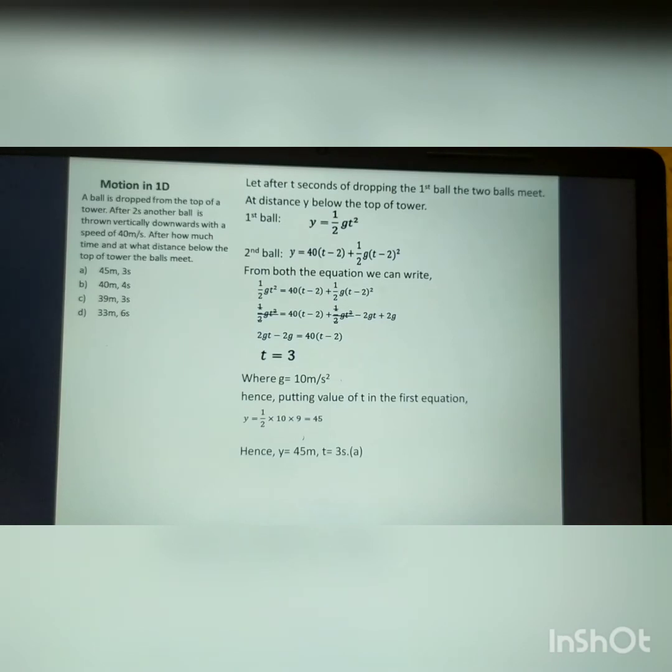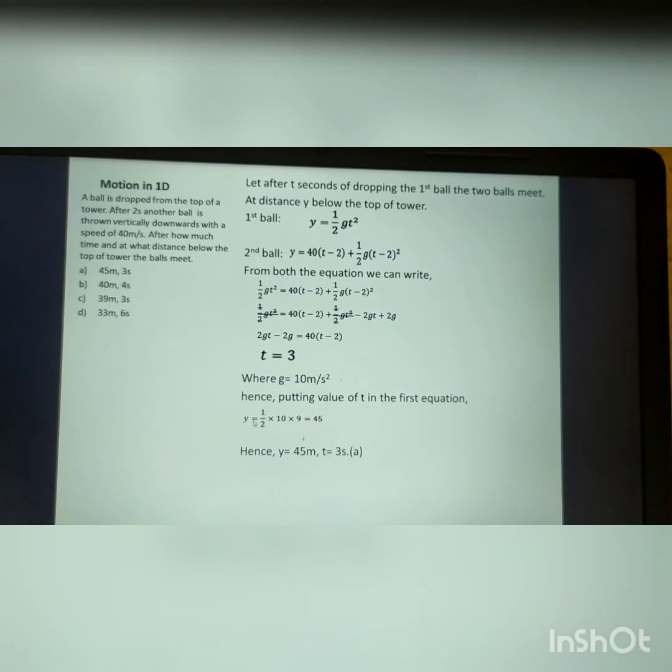From both equations, we will just replace y equals half gt square in the second equation. Then half gt square from both sides will be cancelled. We will have 2gt minus 2g equals 40t minus 2. That is simple calculation. We will put the value of g equals 10 meters per second square, so that we have t equals 3 seconds.